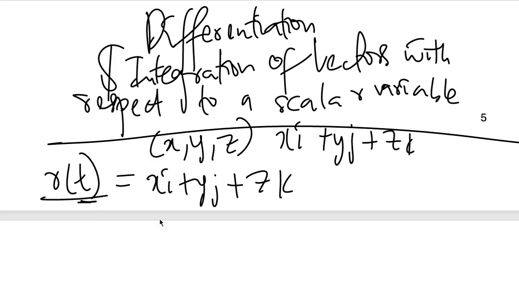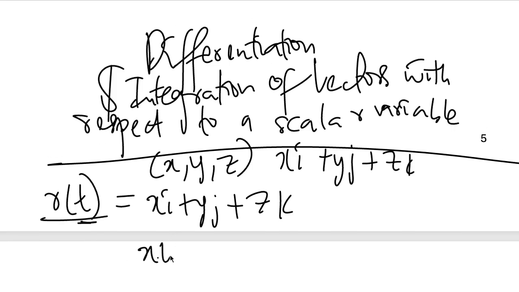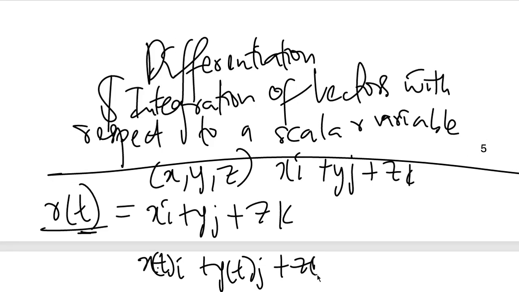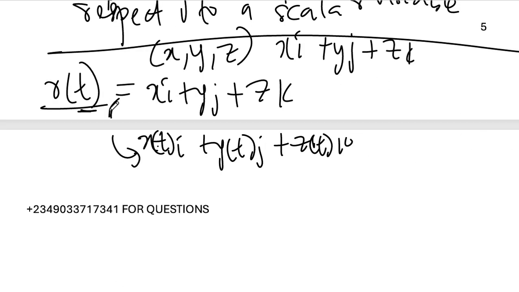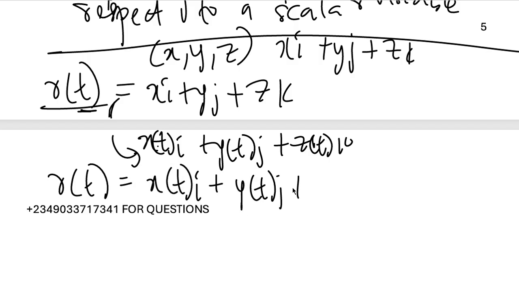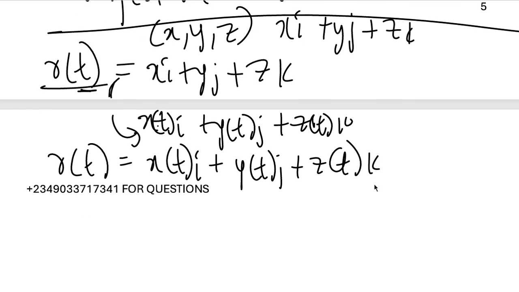Because the scalar is acting, we can write it as x(t)i plus y(t)j plus z(t)k. So r(t) is equal to x(t)i plus y(t)j plus z(t)k.